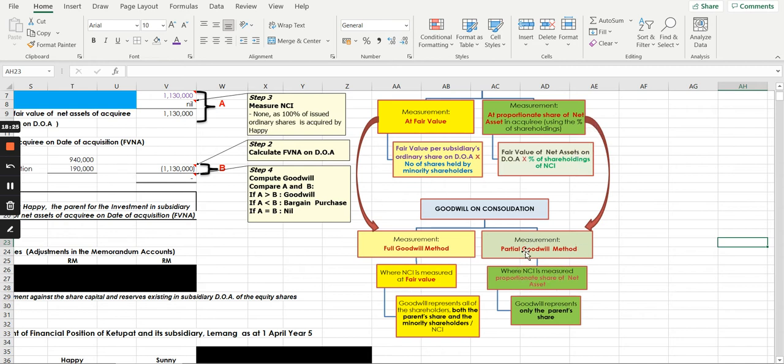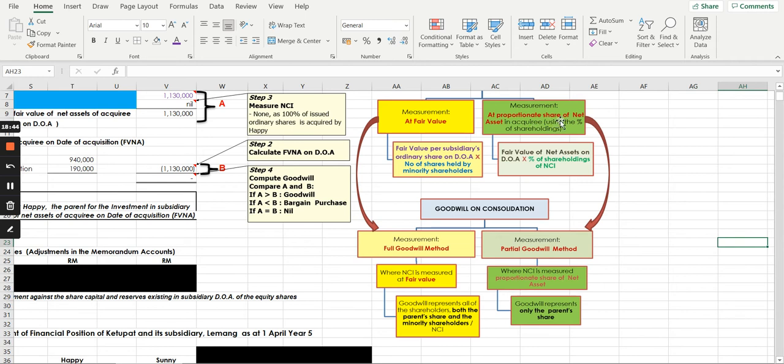And then what happens if the goodwill is measured as partial goodwill? This is because the company decided that they will measure the non-controlling interest using the second method, which is the proportionate share of the net asset of the acquiree.